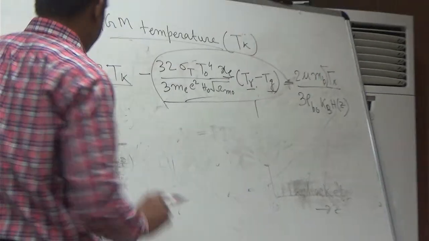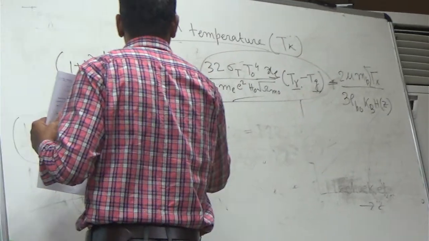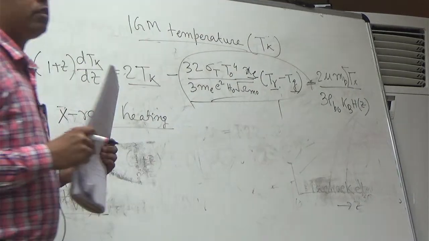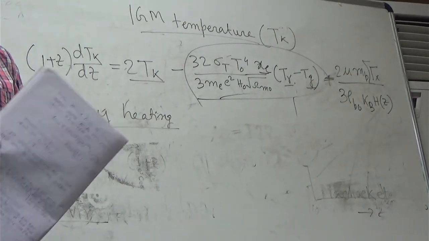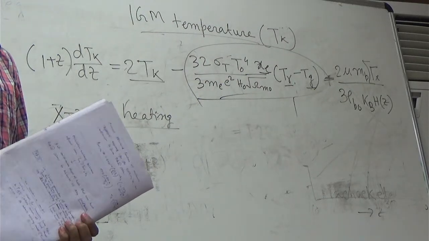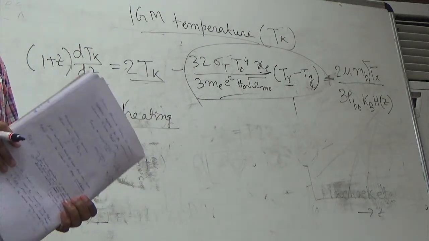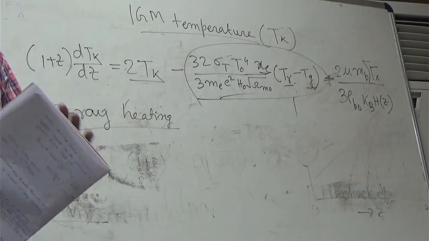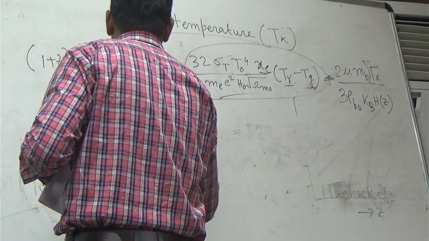Now, for X-ray heating, if you assume that stars are the only source of X-rays, which is actually wrong, since there are many other sources of X-rays like quasars and X-ray binaries, then you can calculate this number very easily.